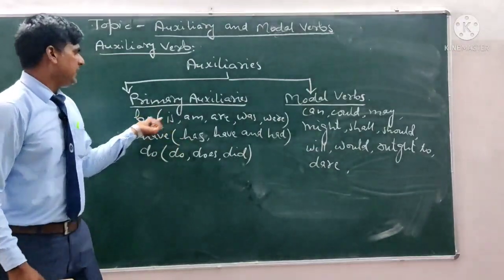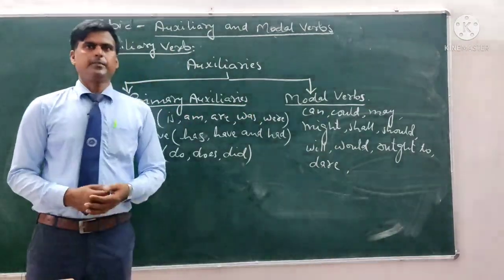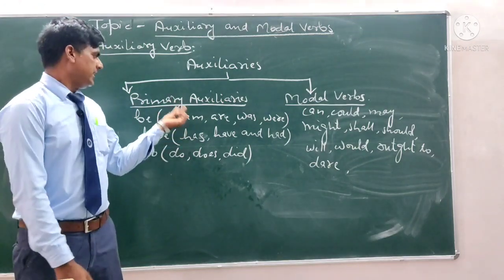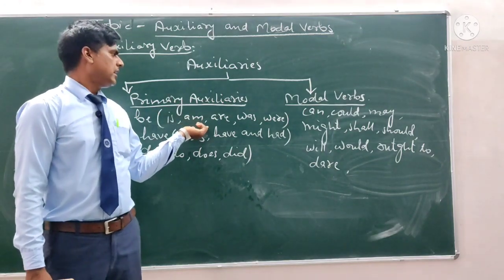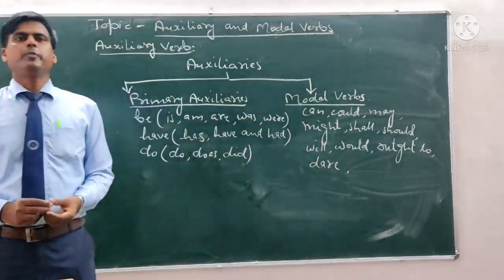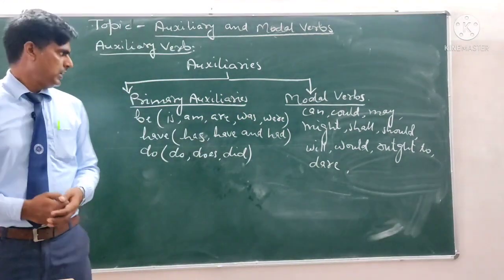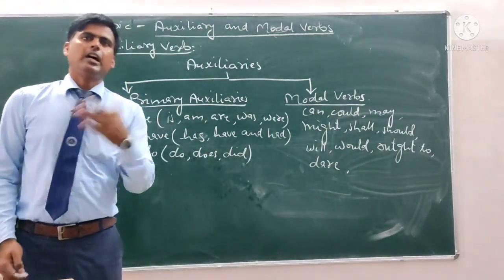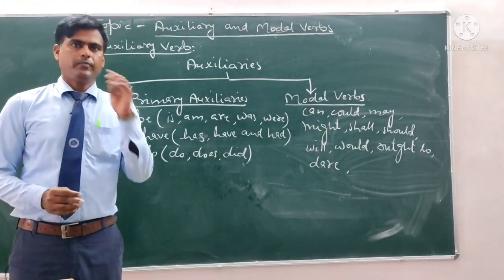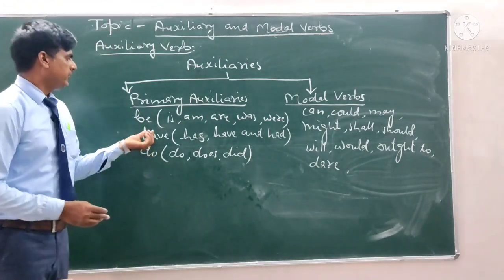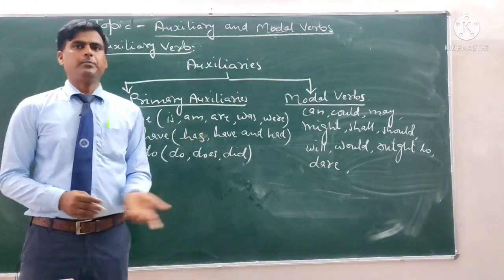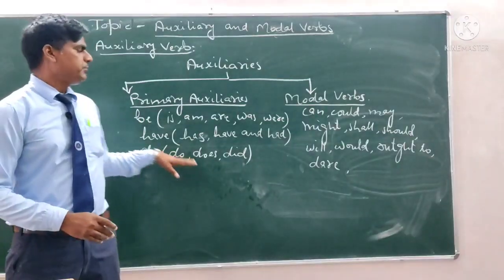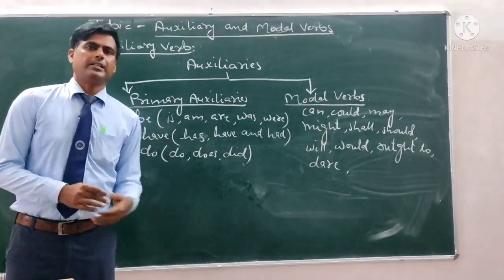We use verb be in present and past tenses to make the continuous tenses. We use verb have in present perfect tense and past perfect tense, and we use verb do in simple present tense or simple past tense.